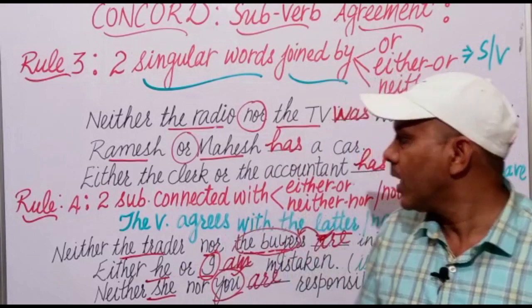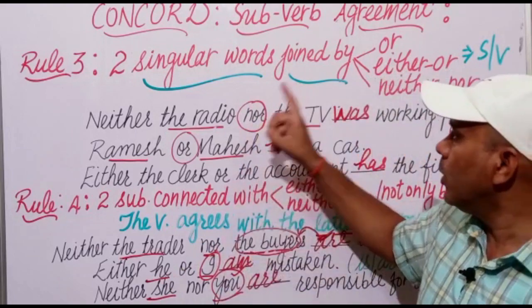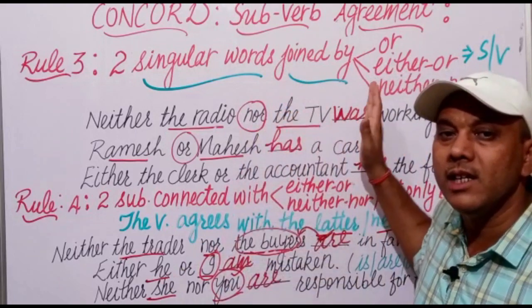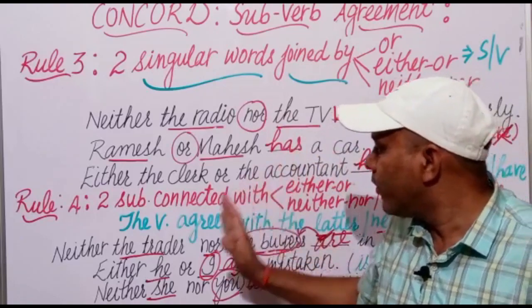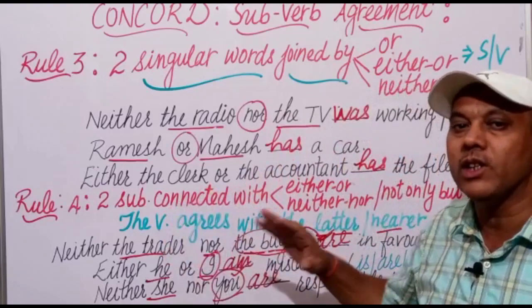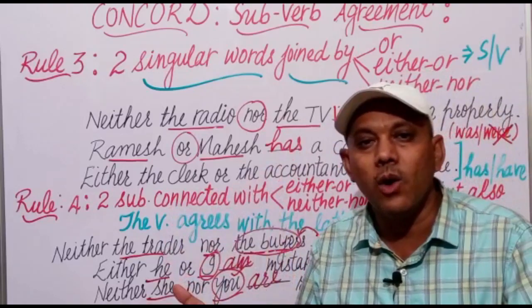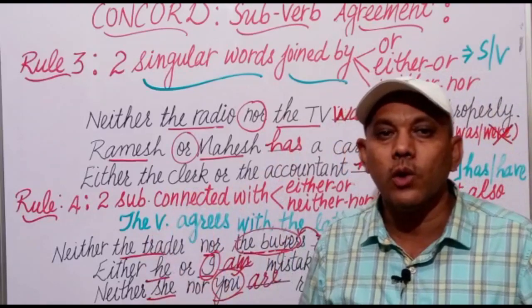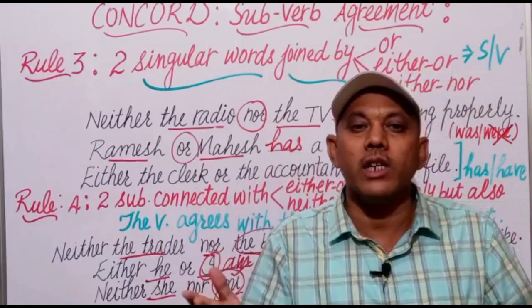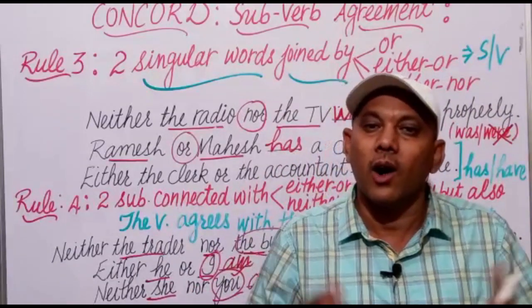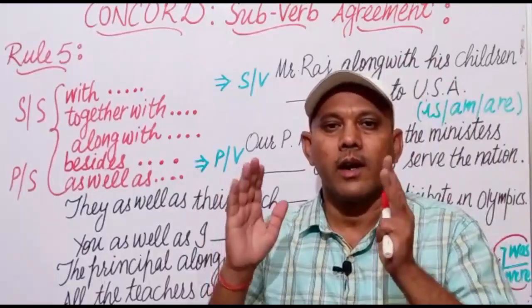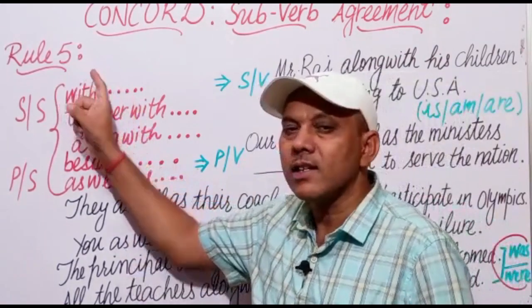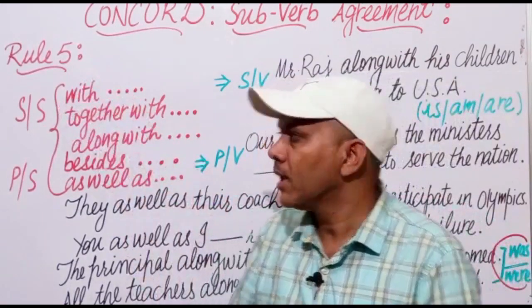In this way, when two singular words are joined by these conjunctions, or when the two subjects are connected with either or, neither nor, not only but also, use the verb according to the nearer subject or according to the later subject. Now, let us discuss rule number 5.